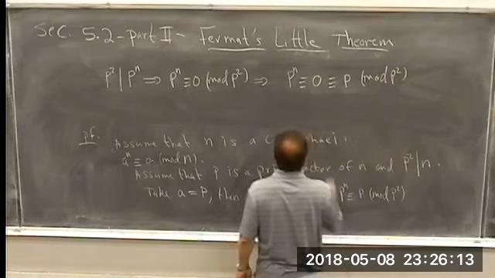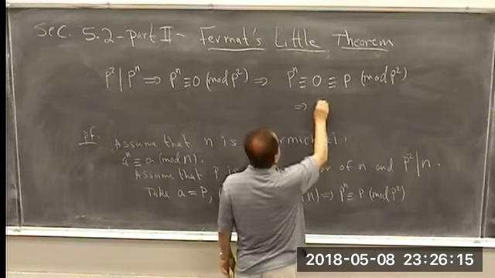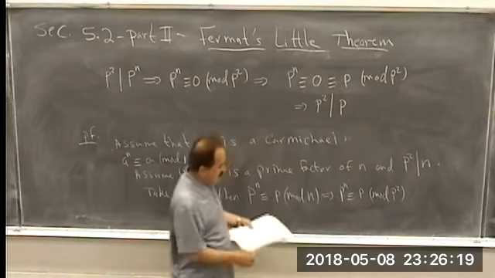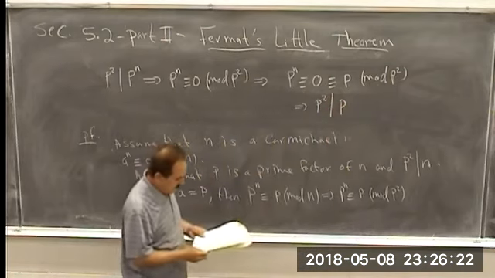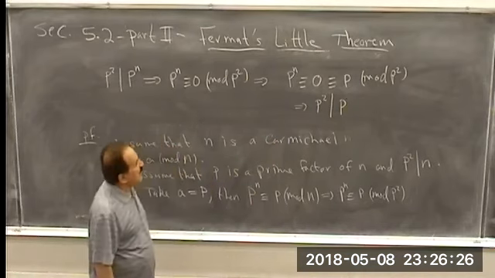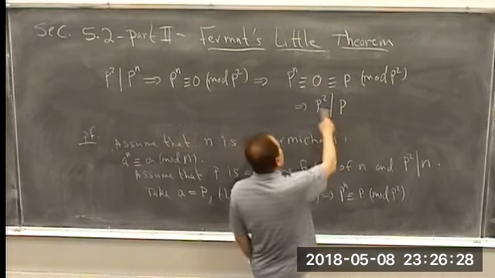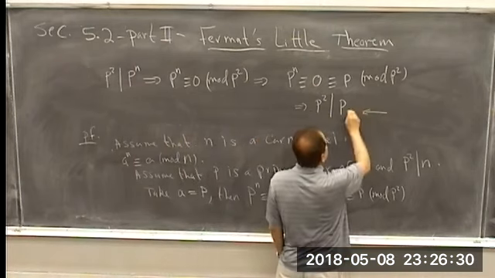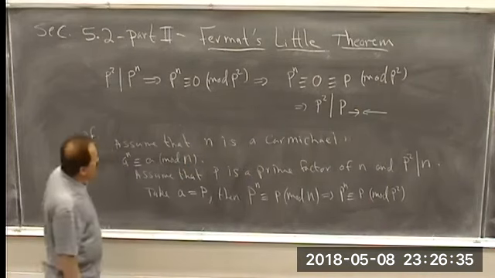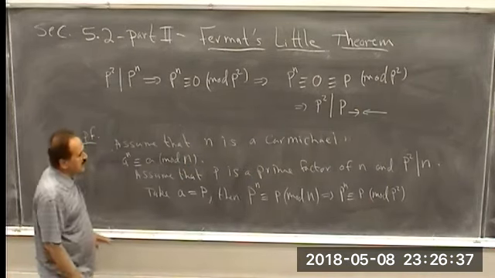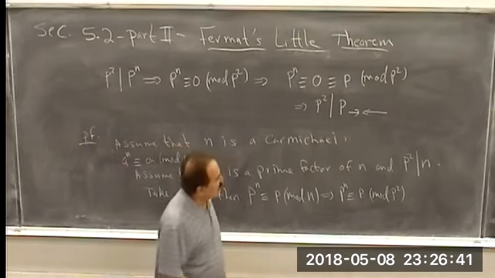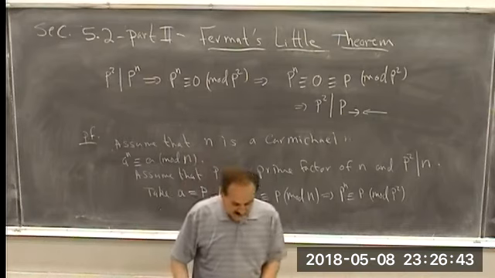Well, this last congruence implies that P squared divides P. And this means P is a multiple of P squared, but this, of course, is not possible. This is a contradiction. So the only thing we have committed is that P squared is a factor of N, so it cannot happen.